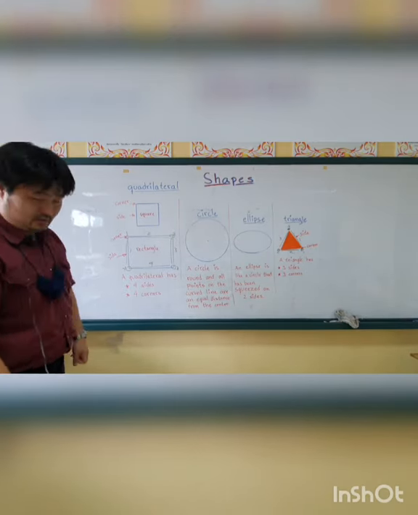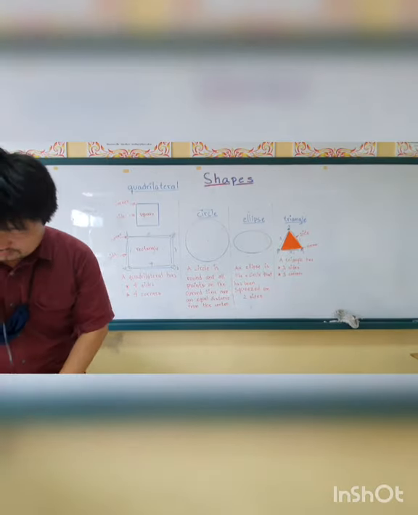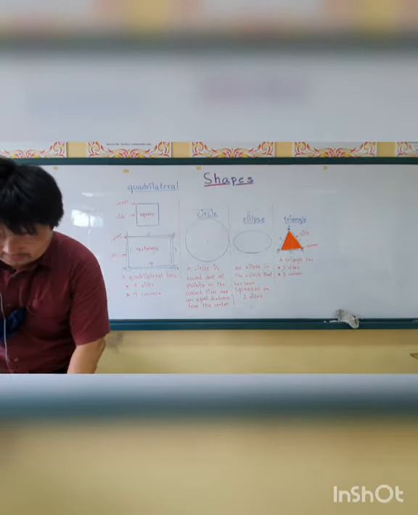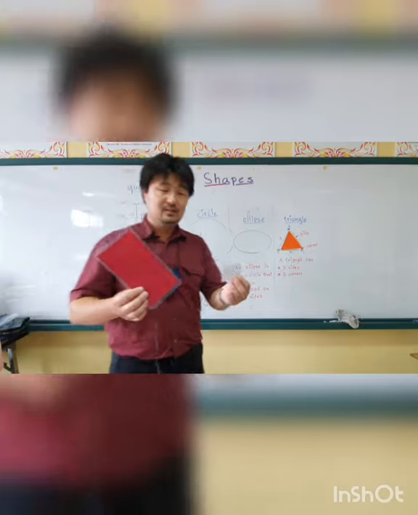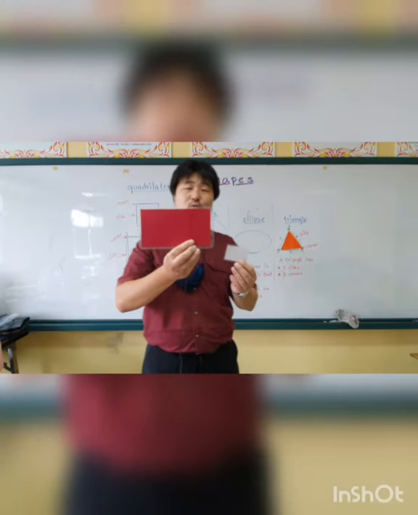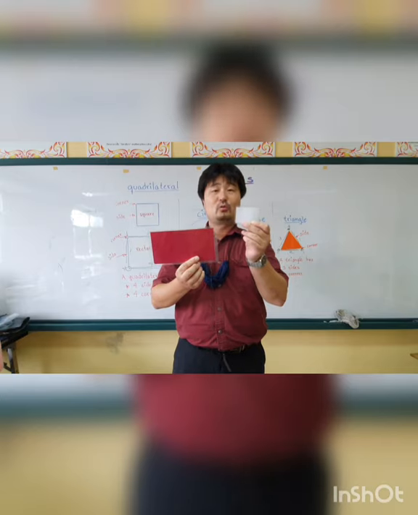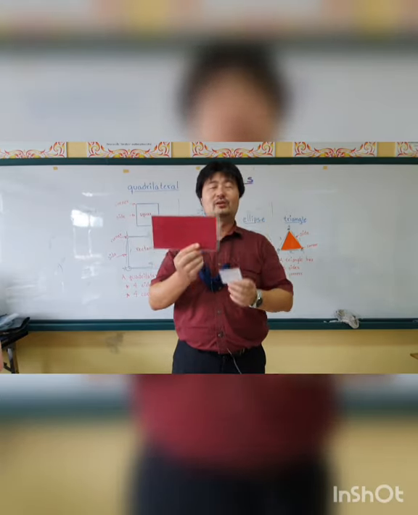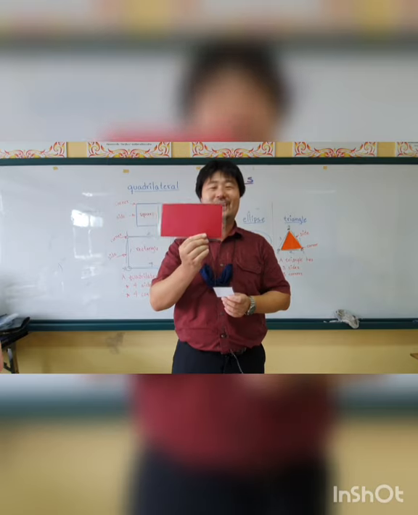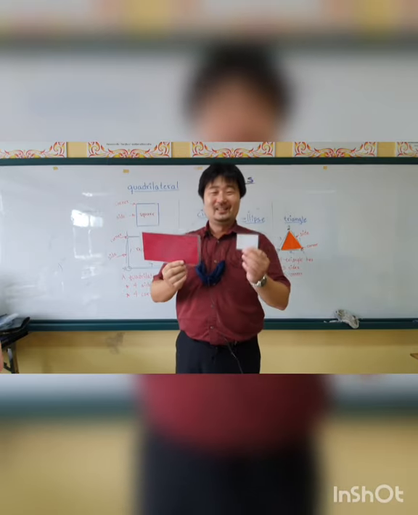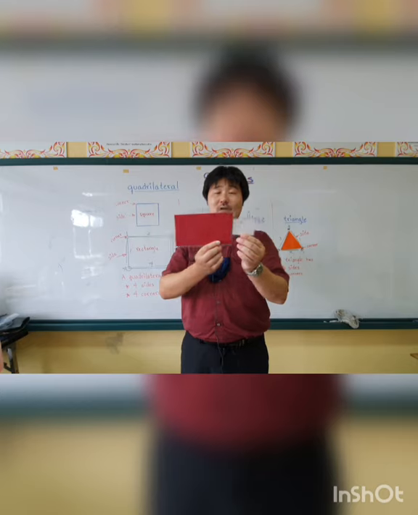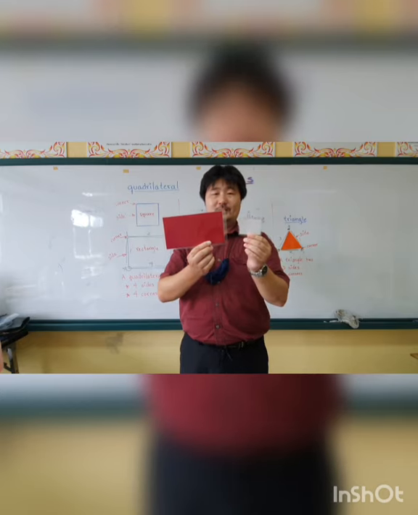Okay? But as I showed you, there are different sizes. This is a quadrilateral rectangle, and this is also a quadrilateral, also a rectangle. Sorry, my mistake, not a triangle, rectangle. Okay, but they are not the same size, are they?